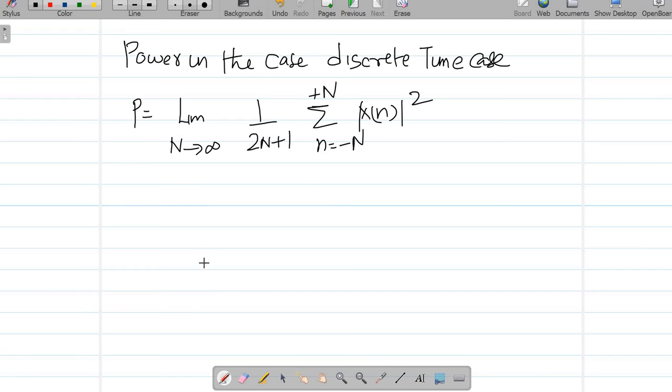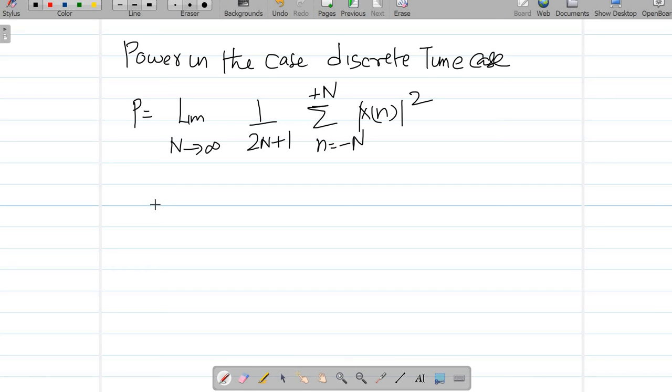Okay, so this is one type of classification where the signal can be classified as either a power signal or an energy signal. So let us take a few examples to check whether the given signals are energy signals or power signals.